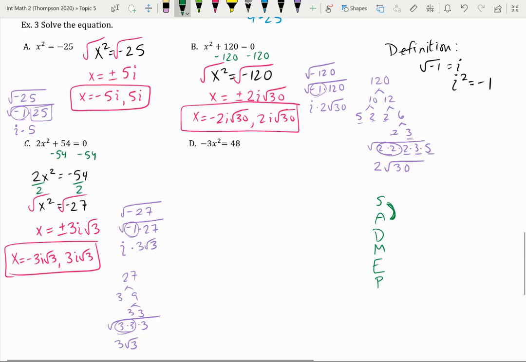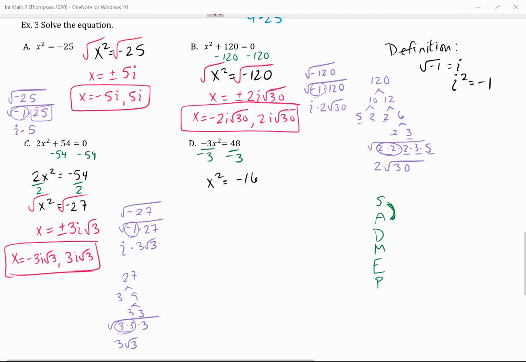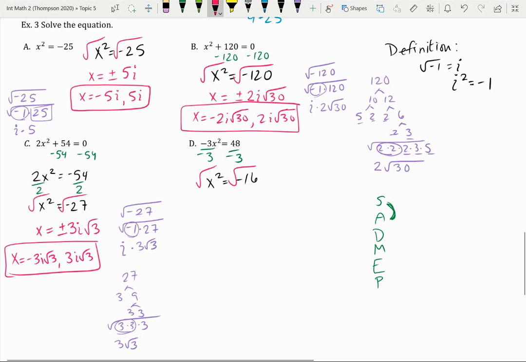And one last one for today. Problem D. Negative 3x squared is equal to 48. So to get x squared by itself, I'm going to divide both sides by negative 3. That gives me x squared is equal to negative 16. I take the square root of the left and the square root of the right.